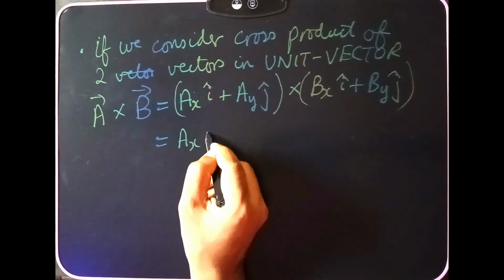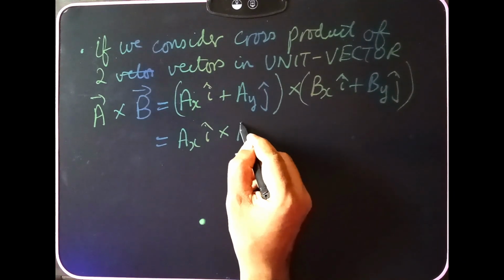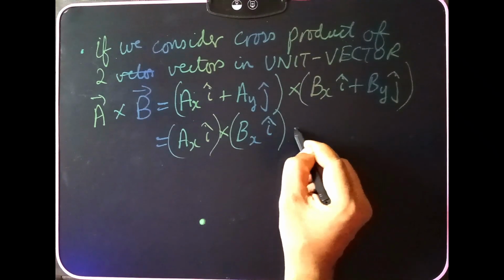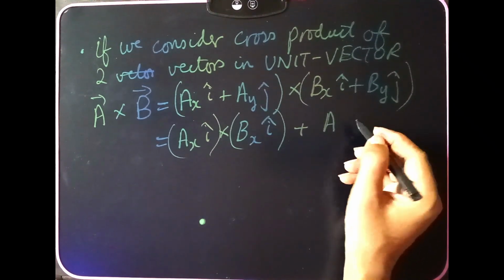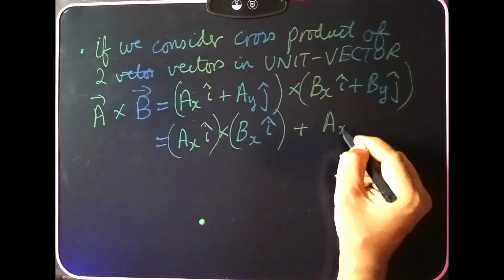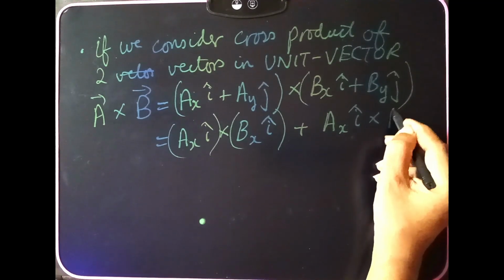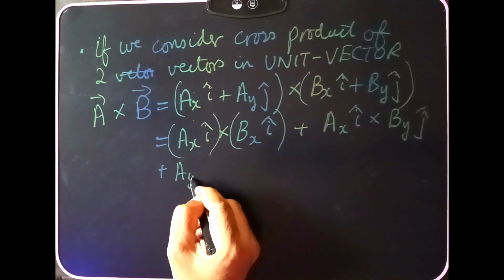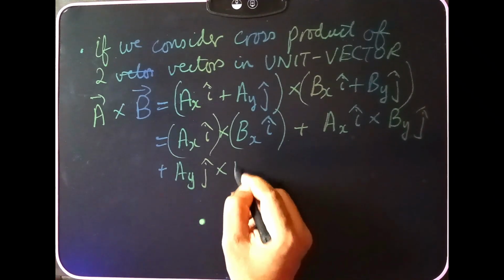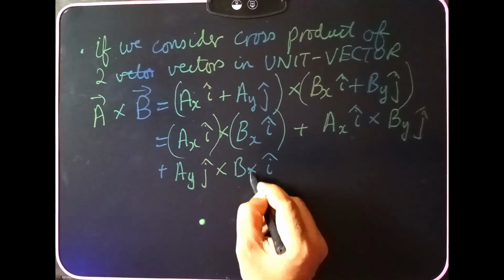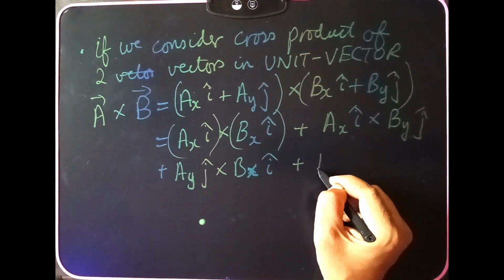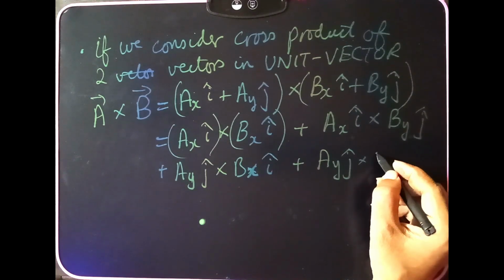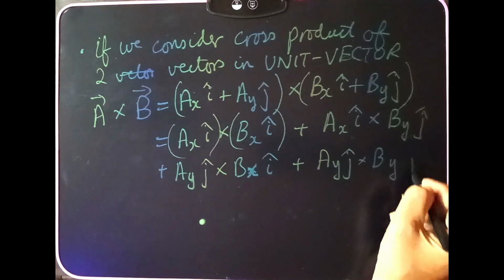So you will get Ax i cap cross Bx i cap, plus Ax i cap cross By j cap, plus Ay j cap cross Bx i cap, plus Ay j cap cross By j cap.